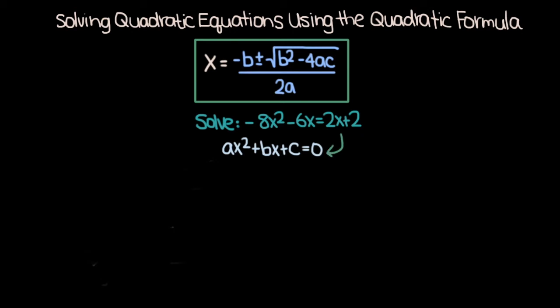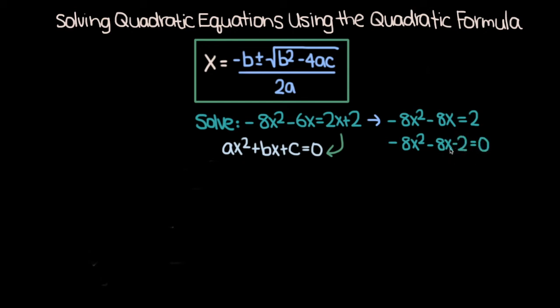And the way we're going to do that is by bringing all of the terms onto the left-hand side. So we can start off by subtracting 2x from both sides. We get minus 8x squared minus 6x minus 2x, so minus 8x, is equal to 2. Now if we subtract 2 from both sides, we get negative 8x squared minus 8x minus 2 equals 0.